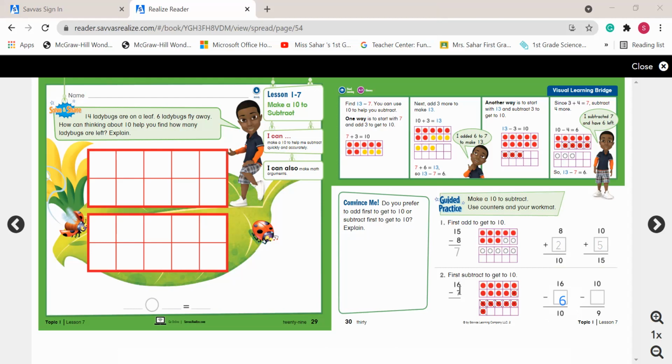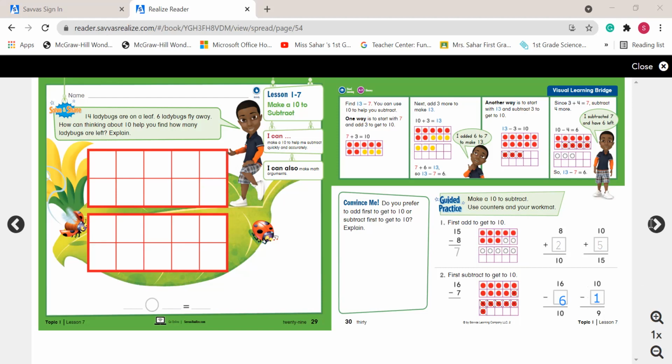But what was my equation? 16 take away 7. How many do I need to take away to make 7? One more, and that's the one that they crossed from the first 10 frame. So here we're going to put 1. Now let's count how many we have. The first 10 frame, 1, 2, 3, 4, 5, 6, 7, 8, 9. So back to my equation, 16 take away 7 equals 9.